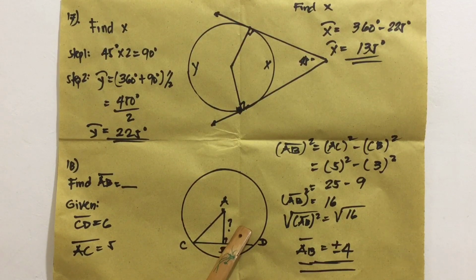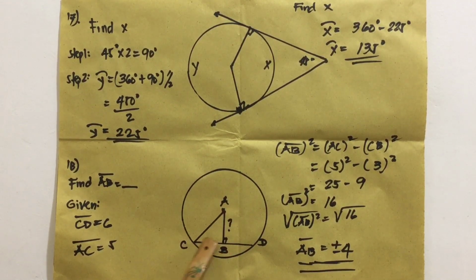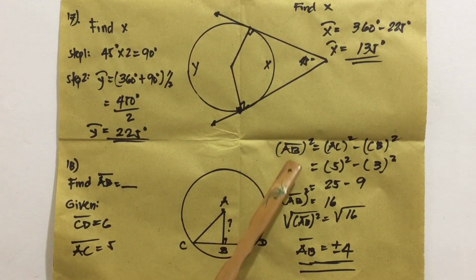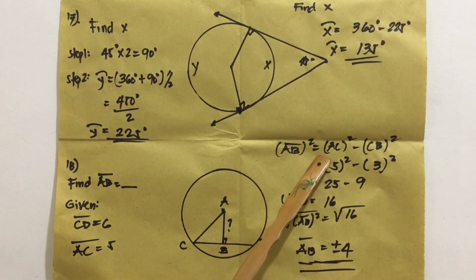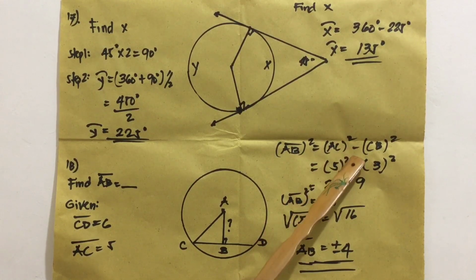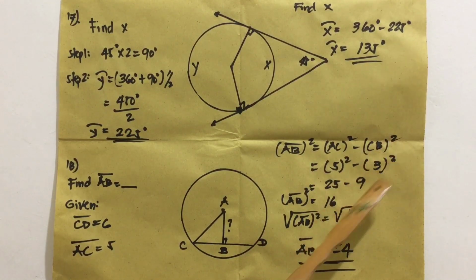So our problem is the segment AB here. Since this is a right triangle because of the perpendicular, the measurement of this angle is 90 degrees. The formula: segment AB squared equals AC squared minus CB squared.